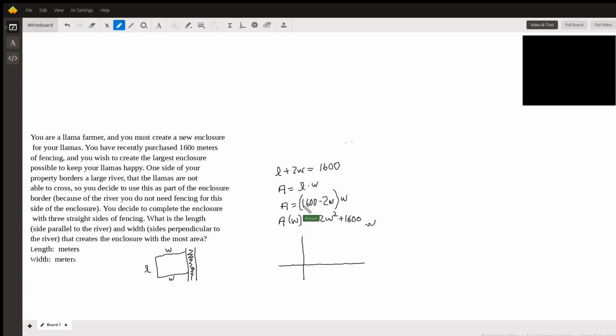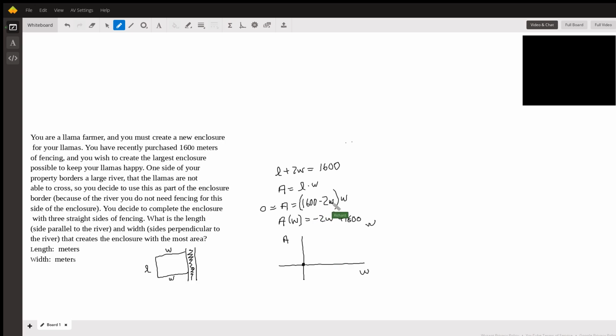And if we wanted to find, here's the width here, and here's the area here. If we wanted to find the curve for the area, we can set the area to 0 up here and find the two intercepts. So this means W itself would be 0, and so when W is 0, the area is 0.